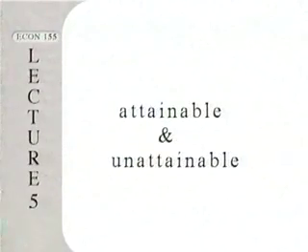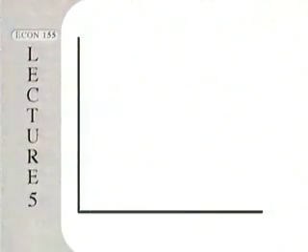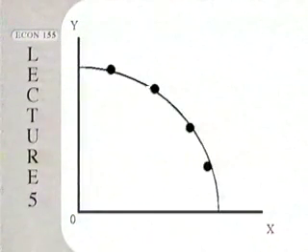Let me draw this curve again. What's attainable? What's unattainable? Here's what is attainable. With the resources and technology available, we can produce at any point along the production possibilities frontier. We can produce at any of those points. All of those points are attainable.